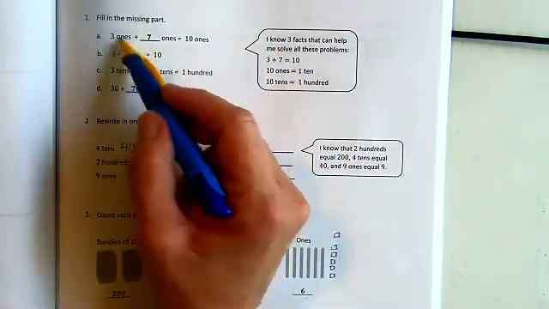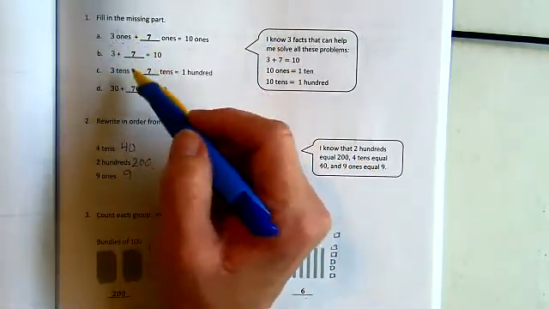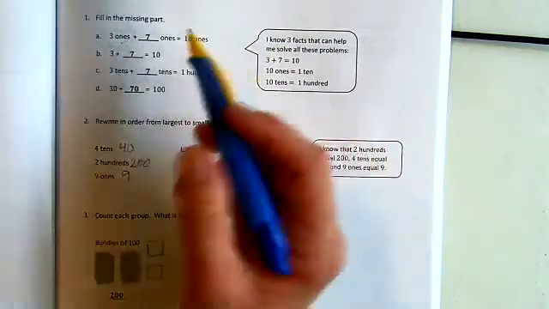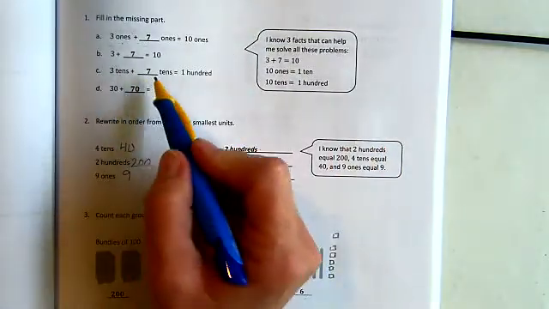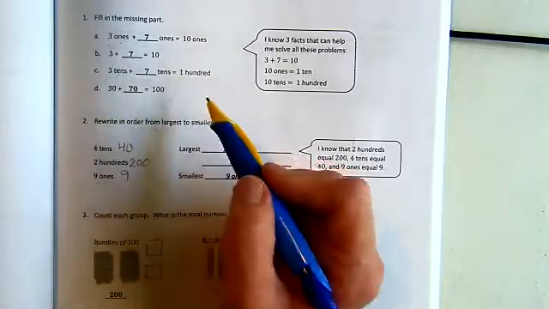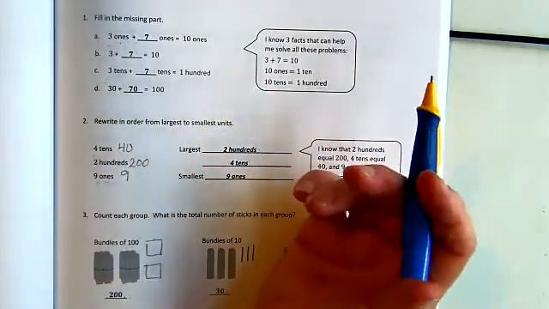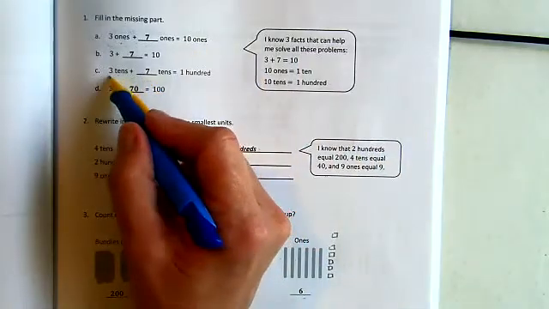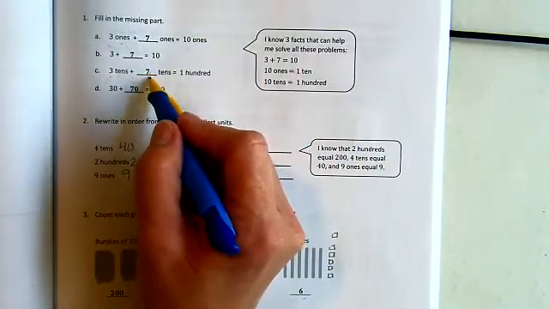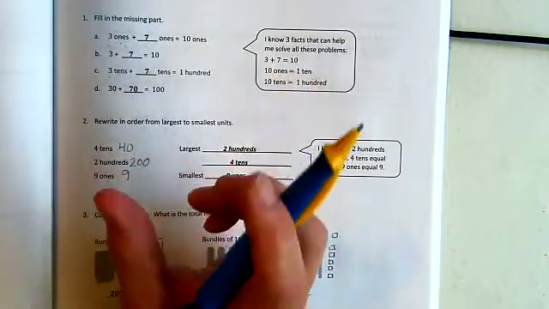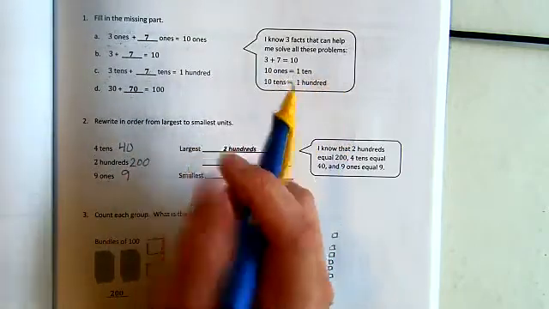And it doesn't matter whether we're talking about ones or tens, or even if we're talking about hundreds. 3 hundreds plus 7 hundreds equal 10 hundreds. 10 hundreds is 1,000. So it's important. That's why we've been emphasizing those number bonds. It's important to know those pairs.